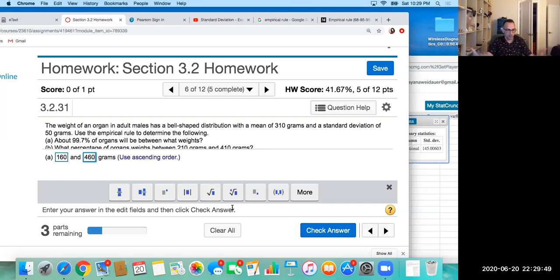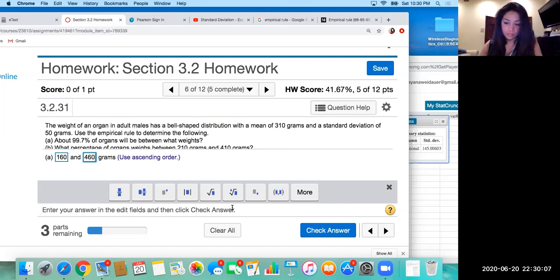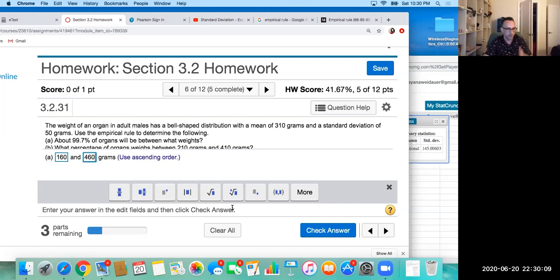Let's say Americans make $100,000 with the standard deviation of 20,000. If incomes were normally distributed, we would say that 68% of people make between 80 and 120,000 by the empirical rule. Do you see how I'm getting 80 and 120?